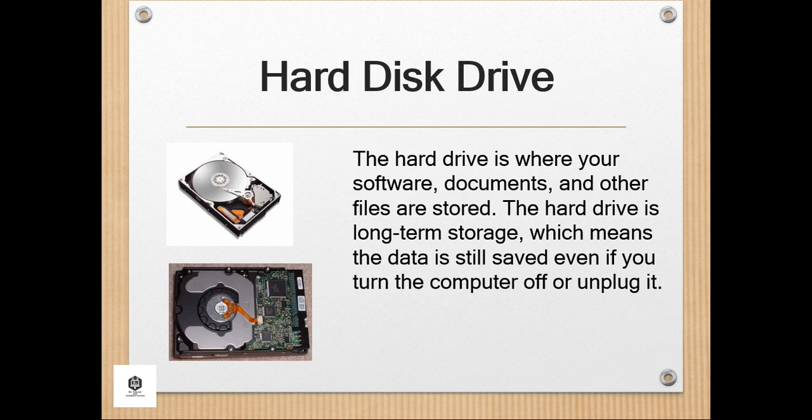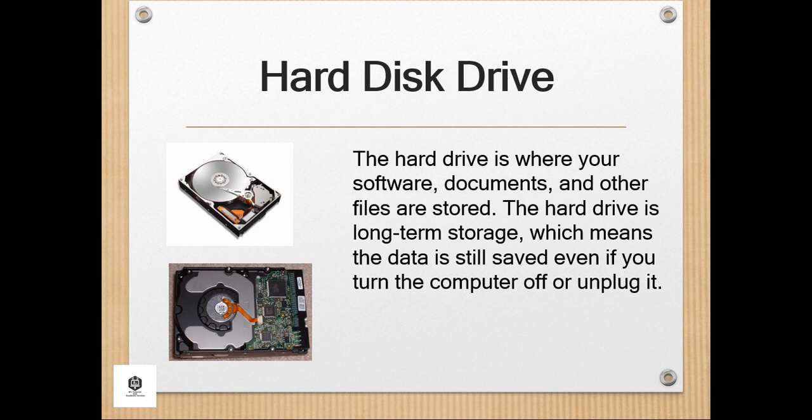Let's talk about the hard disk drive, or hard drive. The hard drive is where your software, documents, and other files are stored. The hard drive is long-term storage, which means the data is still saved even if you turn the computer off or unplug it.